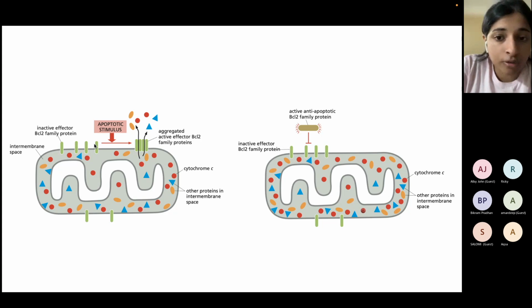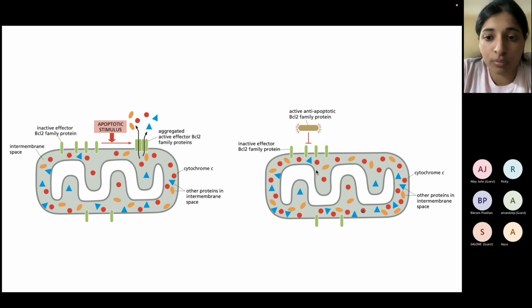And upon apoptotic stimulus, they get aggregated together and enhance the secretion of cytochrome C from the intermitochondrial membrane space to the cytoplasm, where it can go and bind to a protein and form the apoptosome, as we have seen. However, if there is an anti-apoptotic protein present, then it prevents the interaction of these BCL2 family proteins and thereby does not enhance the secretion of cytochrome.